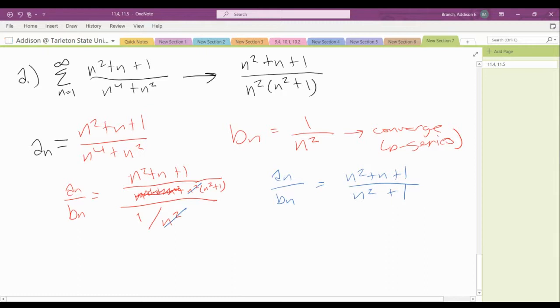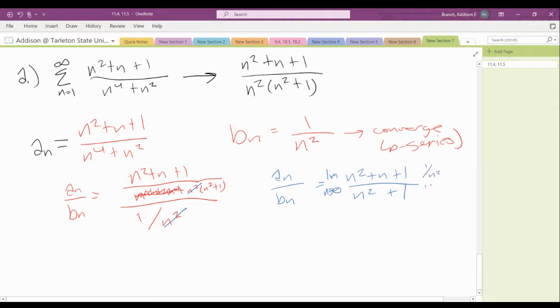so now we can go ahead and take the limit of that. So whenever we do this, we can have two ways. We can just plug it in, get infinity over infinity, and do L'Hopital's rule. Or in this case, since we'd have to do it twice, we can just divide.